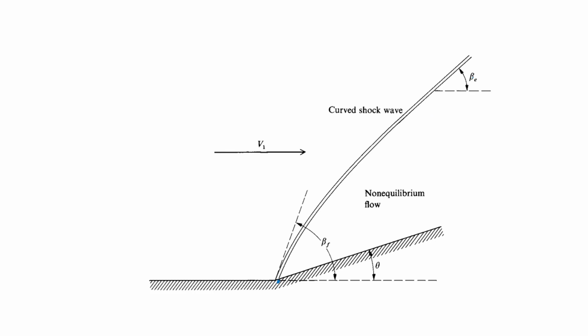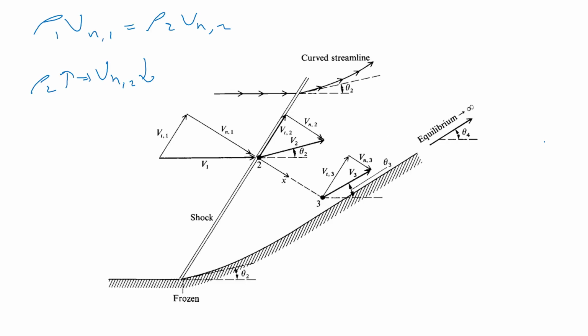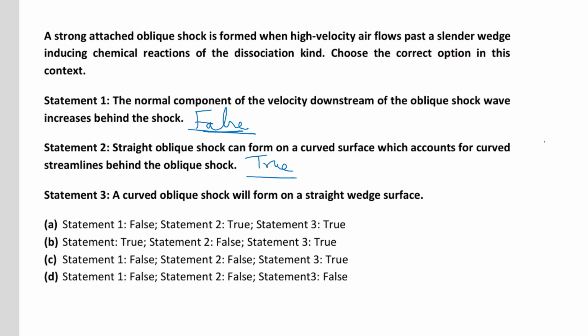And as the velocity increases, near the body the velocities will be equal to each other. So it is also possible that a straight wedge will have a curved shock wave. So a curved oblique shock will form on a straight wedge. This is a true statement.